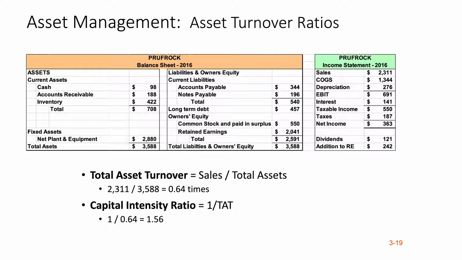It is 1 divided by the total asset turnover ratio. In our case, it is 1 divided by 0.64, which is 1.56. Okay. Now you want that turnover ratio as fast as possible, right?